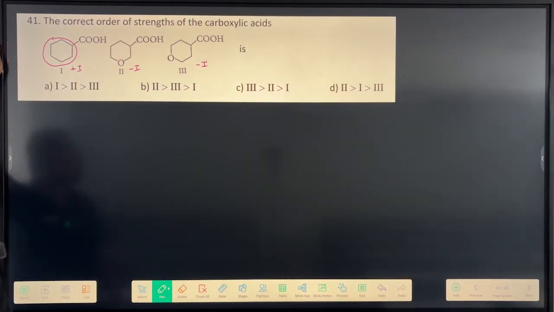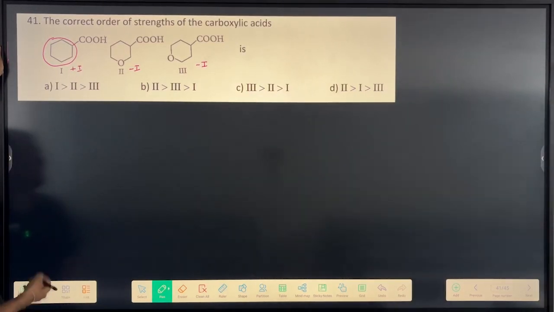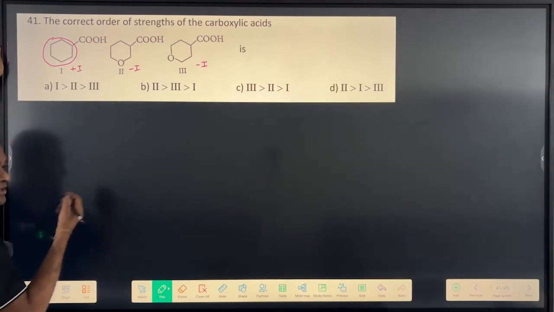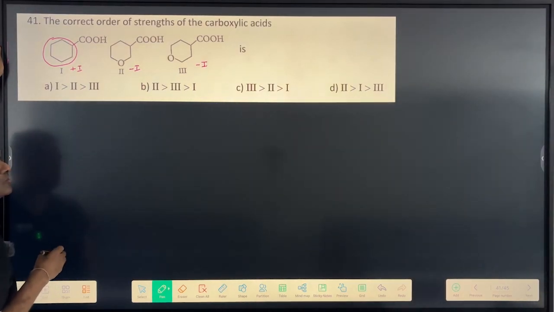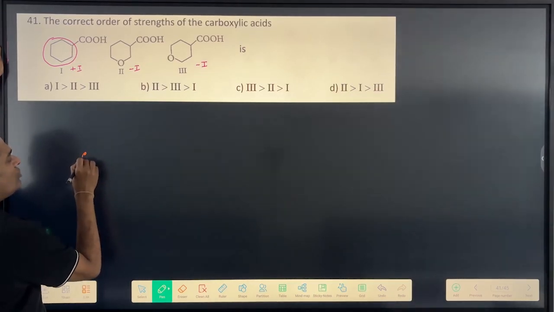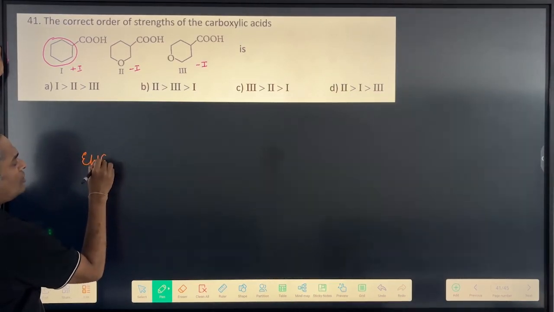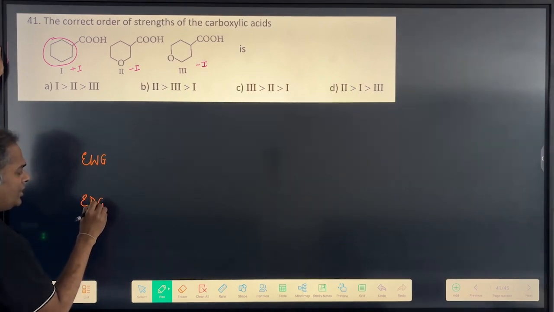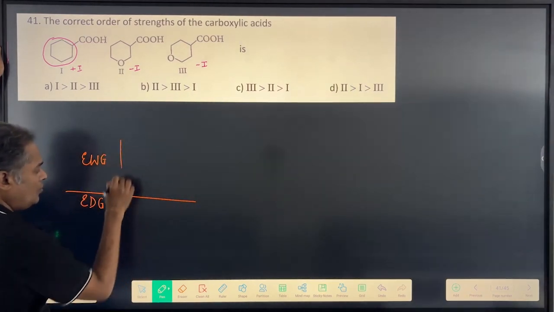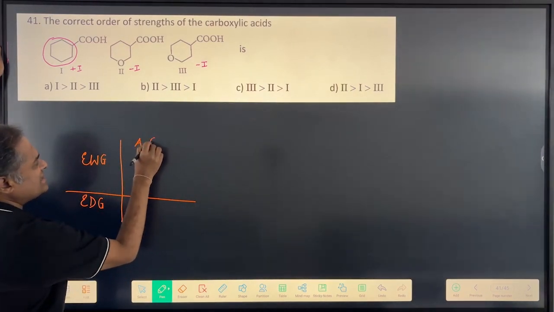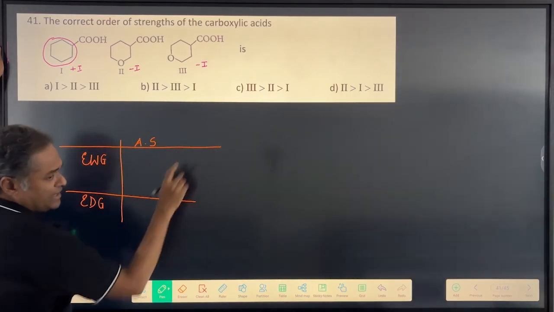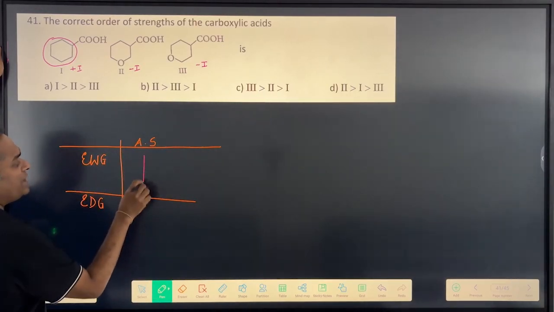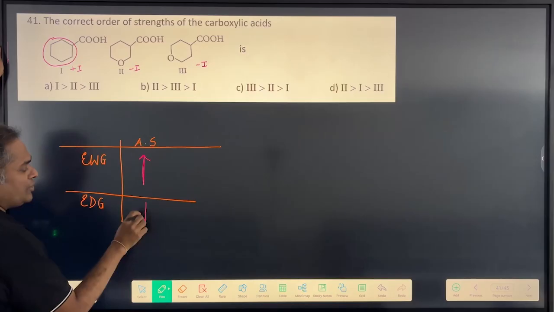Now, as you all know, which group increases the acidic strength? We have discussed in the batch as well as here that we have got two types of groups. One is the electron withdrawing group, the other one is the electron donating group. Which group increases the acidic strength? The answer is the electron withdrawing group increases the acidic strength and the donating group decreases it.